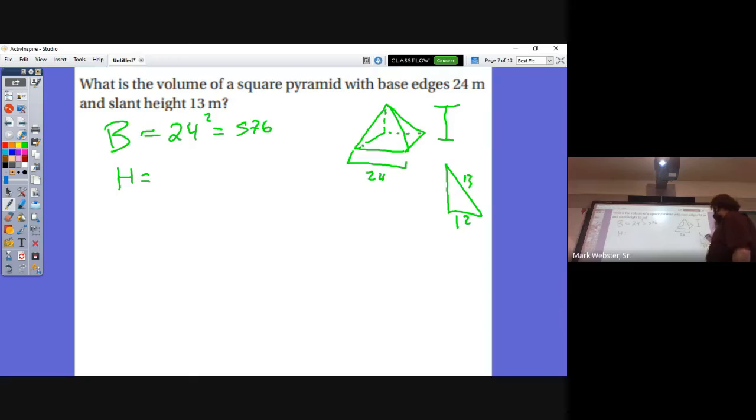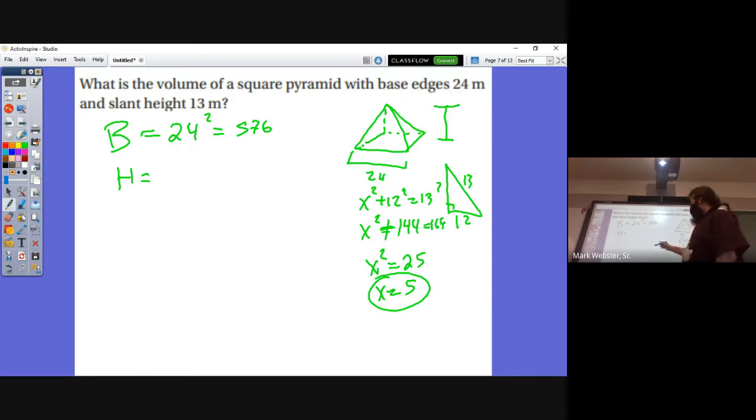The slant height's 13. Then we're going to use the Pythagorean Theorem. We can square those things: x squared plus 144 equals 169. Subtract, we get 25, square root, we get 5.